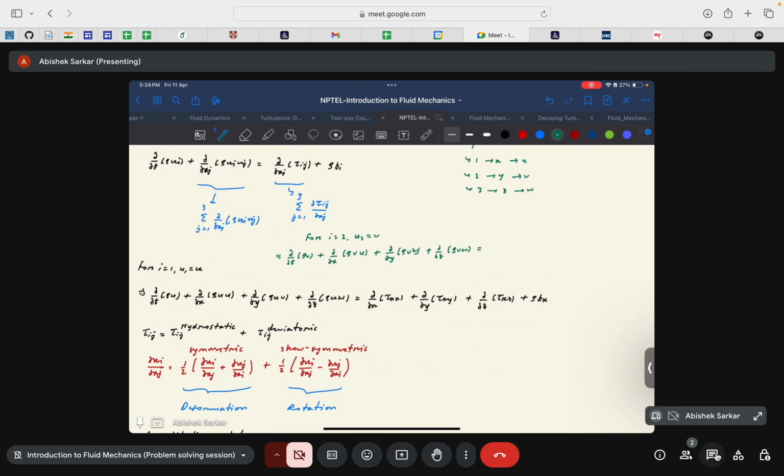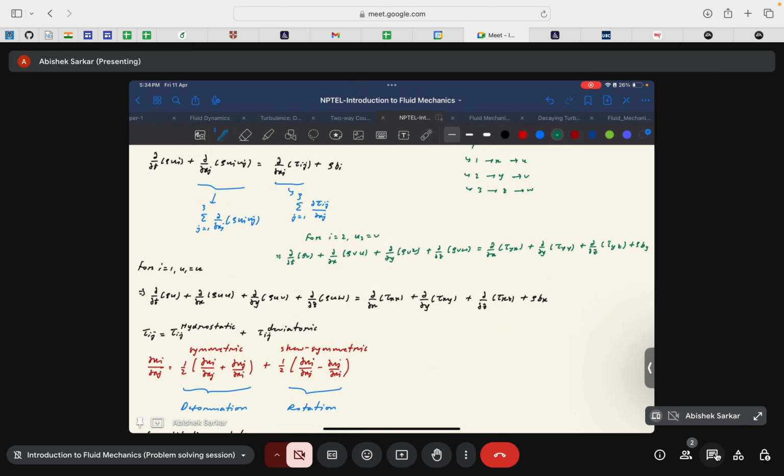This would be equal to dou by dou x of tau yx plus dou by dou y of tau yy plus dou by dou z of tau yz plus rho by. And similarly you can write the corresponding component in the z direction.